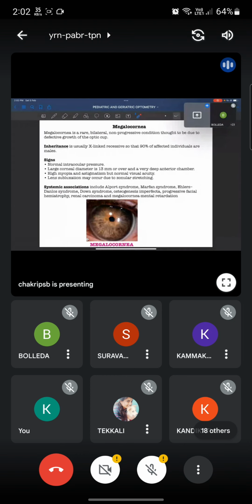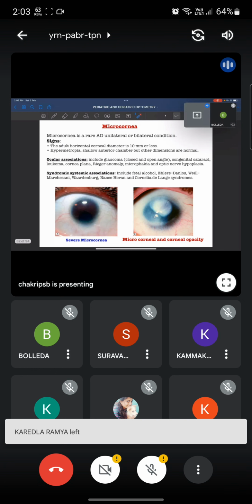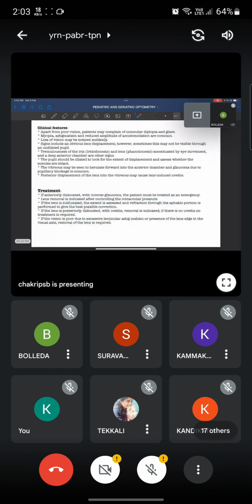Coming to the systemic associations: Alport syndrome, Marfan syndrome, Down syndrome, osteogenesis imperfecta, progressive facial hemiatrophy, renal carcinoma, megalocornea, and mental retardation. Megalocornea with mental retardation mainly occurs due to homocystinuria.